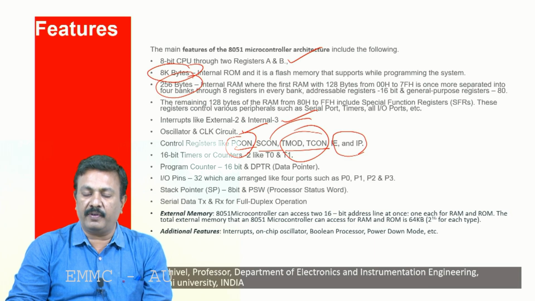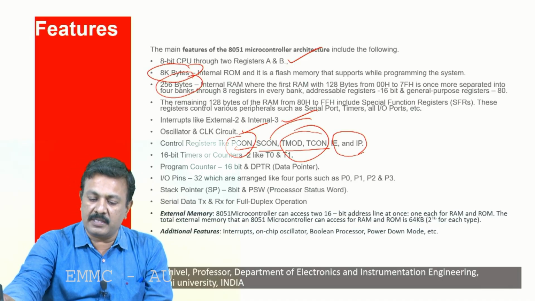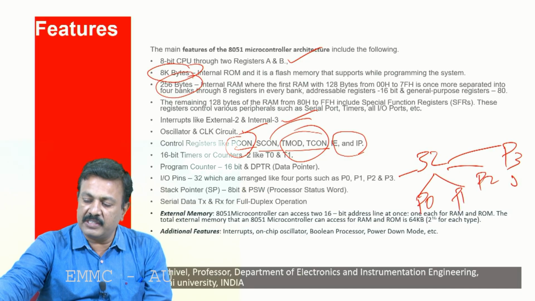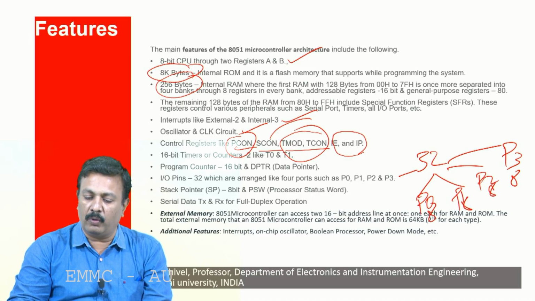Two 16-bit timers and counters are available, and one program counter and one 16-bit data pointer are available, and there are 32 IO lines. It is grouped into P0, P1, P2, P3, each containing 8 IO lines. So totally you have 32 IO lines available.